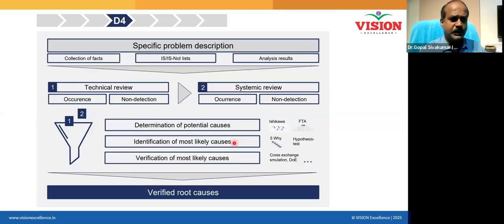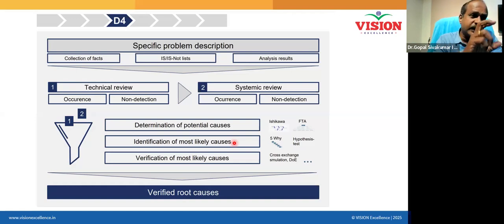With the help of the cause and effect matrix, for each and every factor, I assign a rating. Since I know biryani is an important factor, I must stop eating biryani at night. That action is definitely required. So against biryani, I will give a big rating.